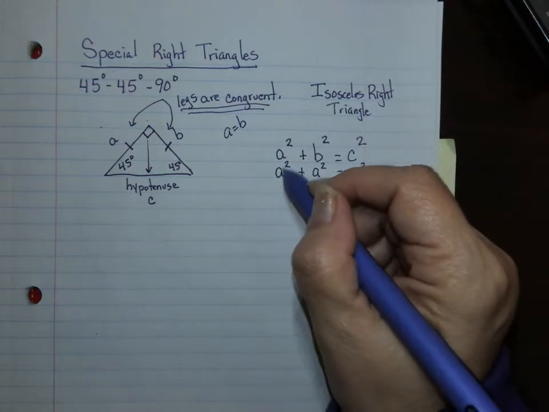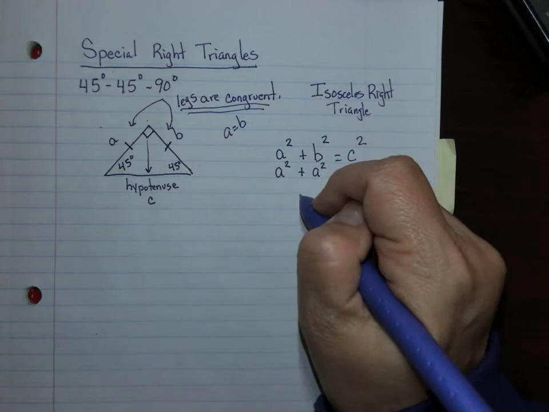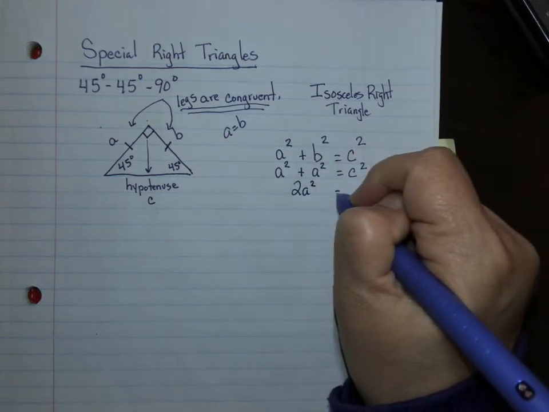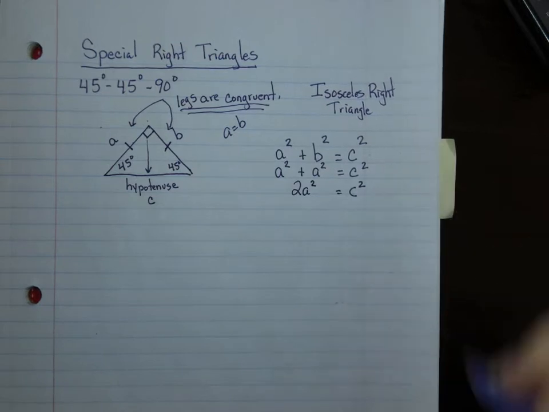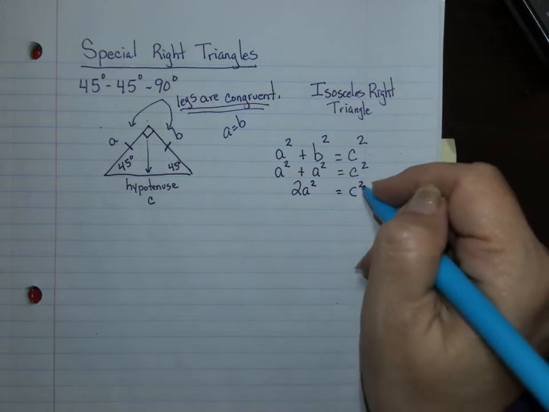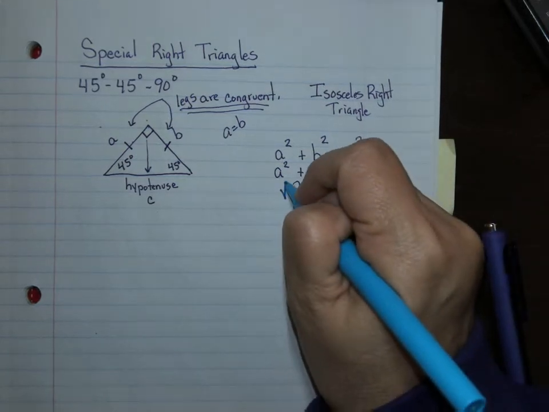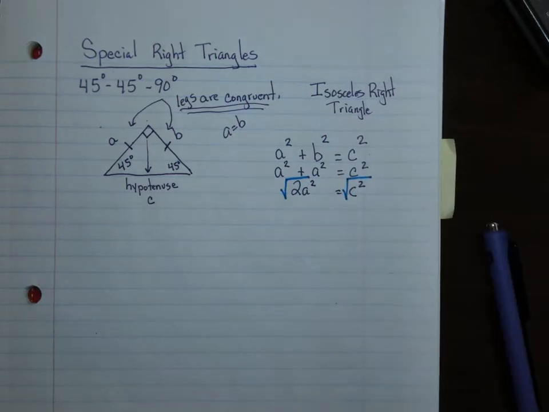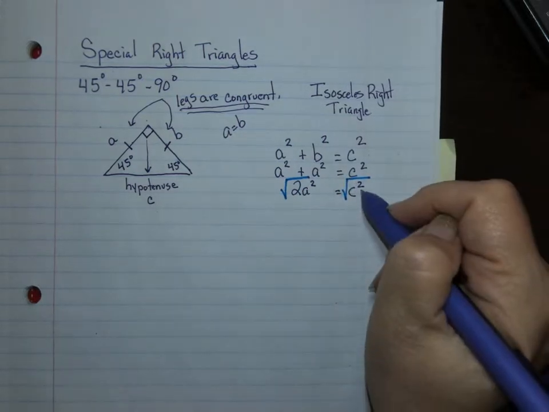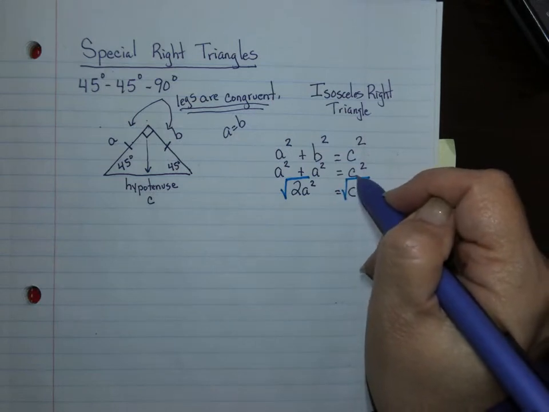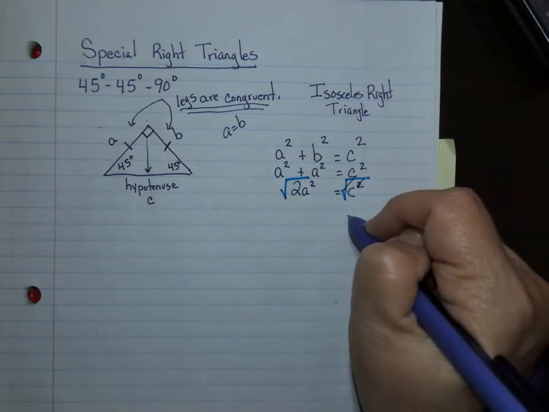So then if I have an A squared and I add it with another A squared, that means I have two A squareds. But then if I want to know what my hypotenuse is, I'm going to take the square root of both sides. So when I take the square root of this square that's on the C, the square root and the square undo each other.